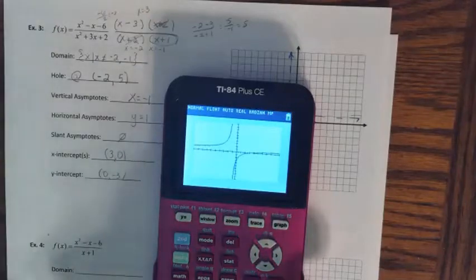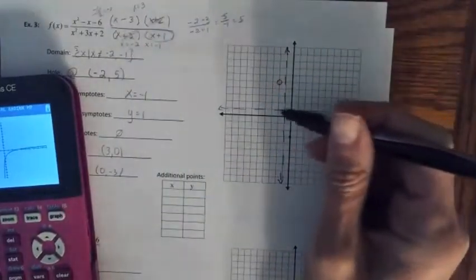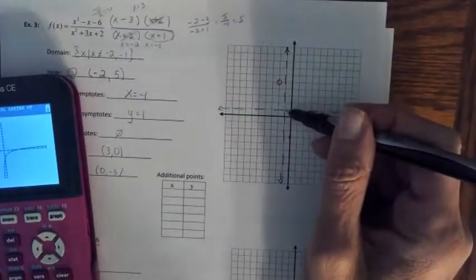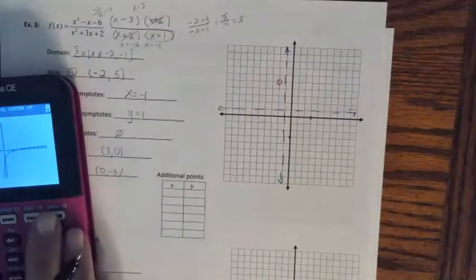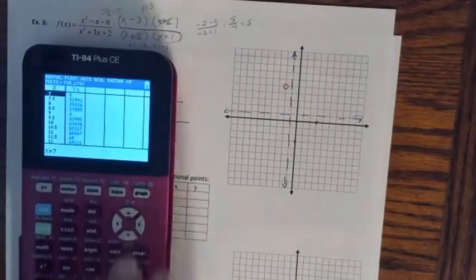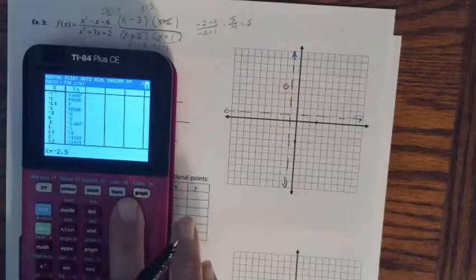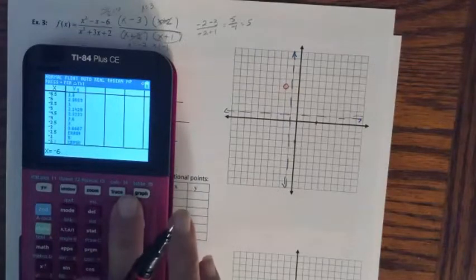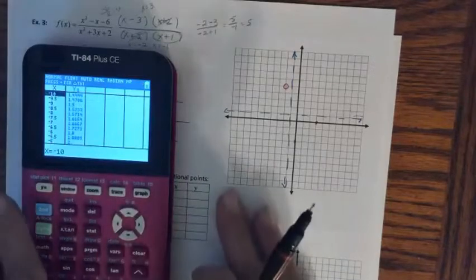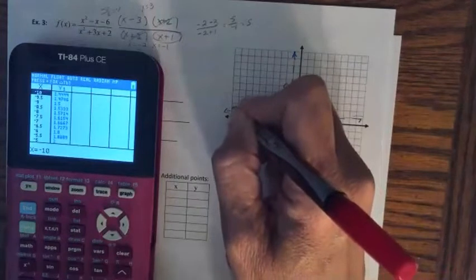All right, so let's get some points in this region over here, where y is less than negative 1. So let's go to our table, the second graph. So some negative x values. At negative 10, we're at 1.4, so that's about here.